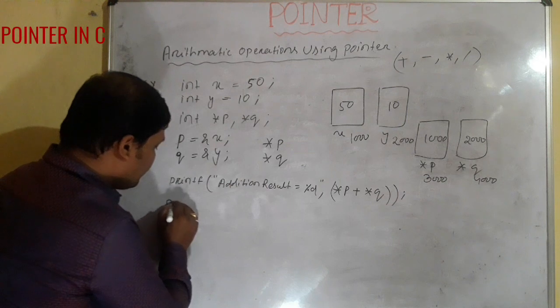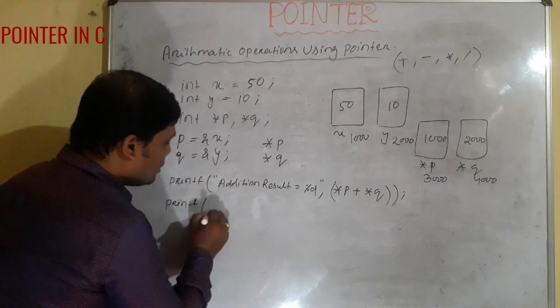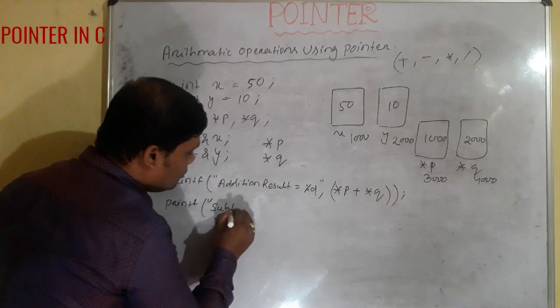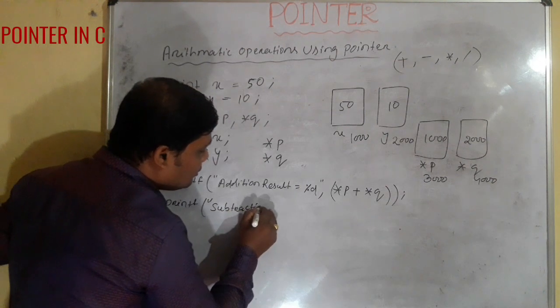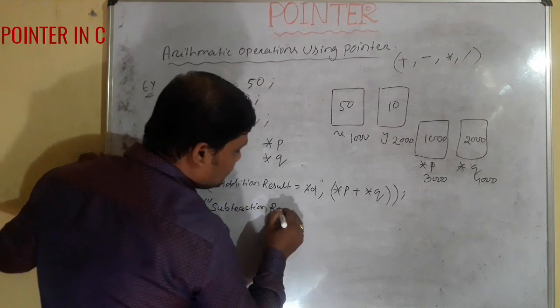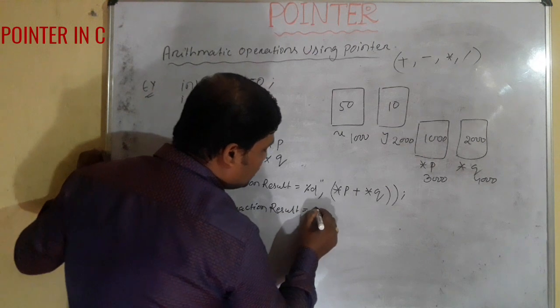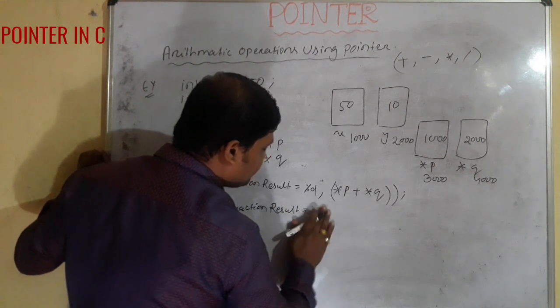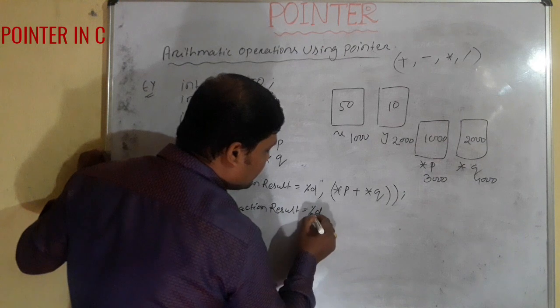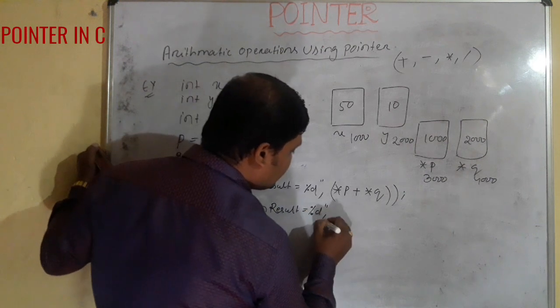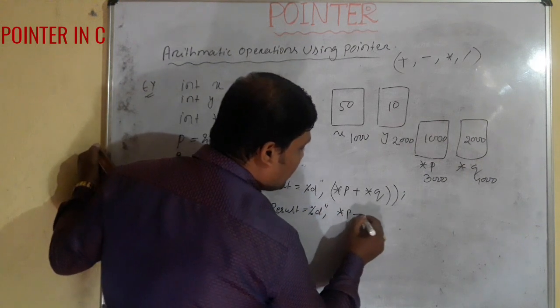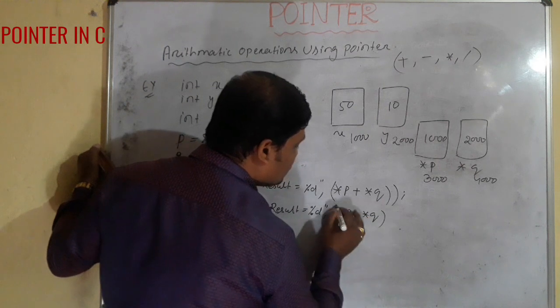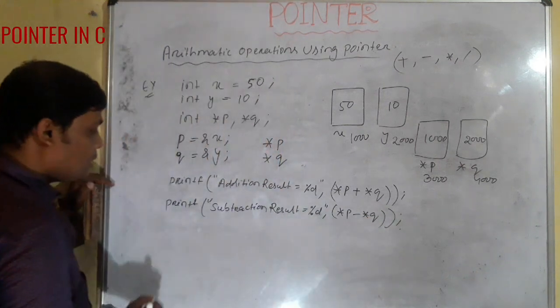Clear? So same, printf subtraction result equal to percent d, then star p minus star q. Clear?